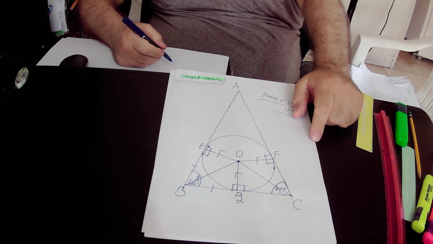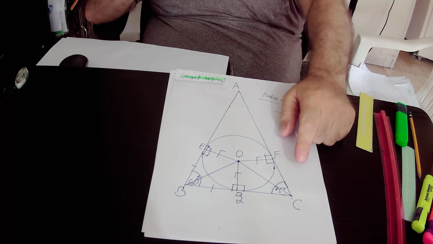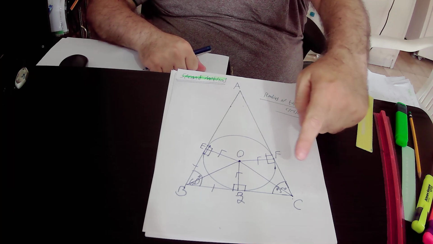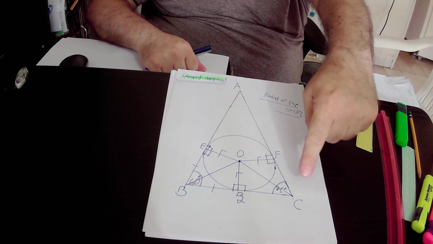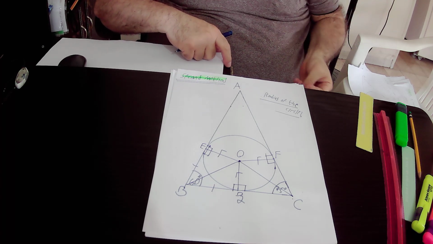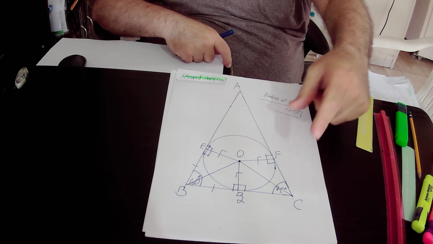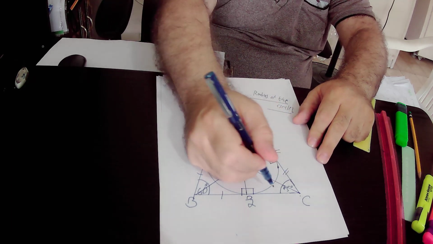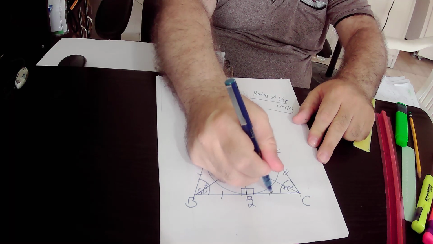Likewise, if you focus on the common external point C, from point C we have two tangents to the circle, tangent CD and tangent CF. And according to rule number 2, the lengths of those two tangents must be equal to each other. That is to say, CF equals DC.